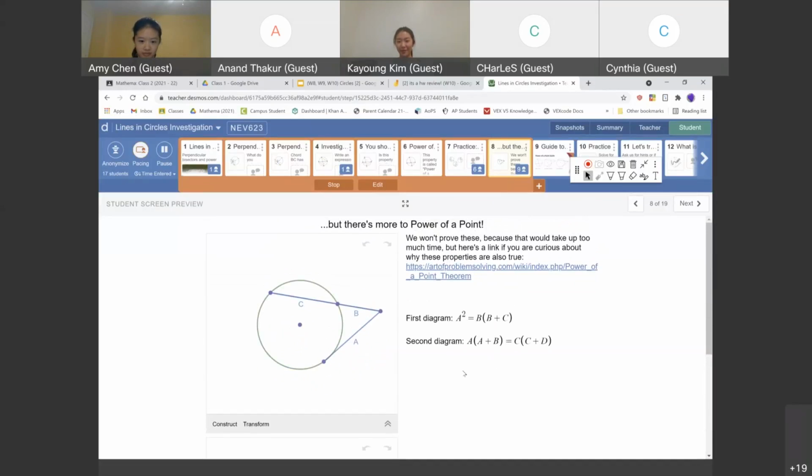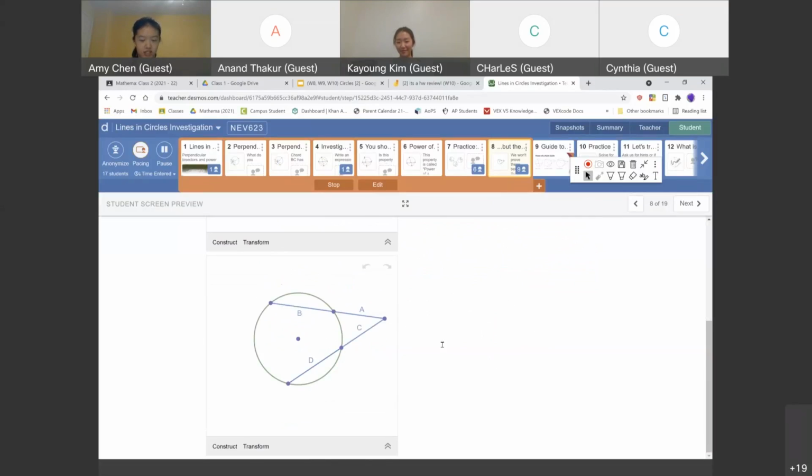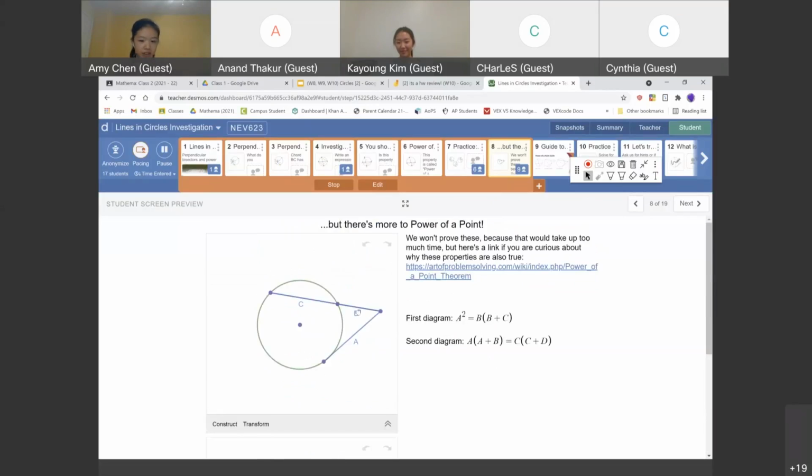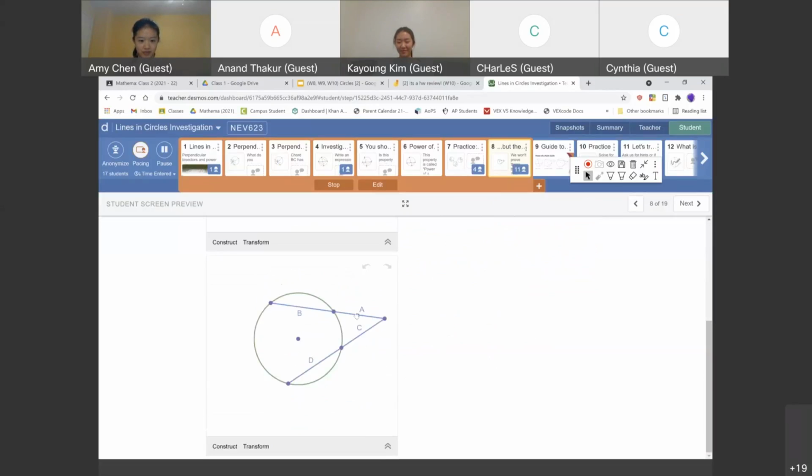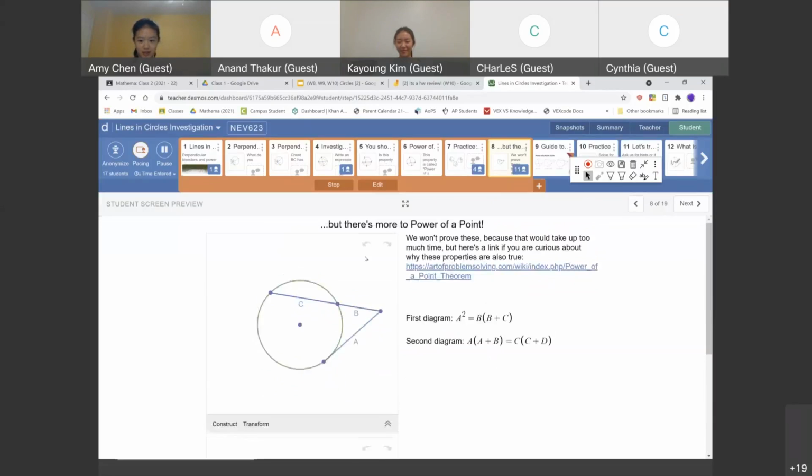D, not b. So in other words, for both of them, you have the shorter outer edge being multiplied by the length of the entire segment. For this one, the shorter outer edge is the entire segment, so it multiplies by itself. That's why it's a squared.